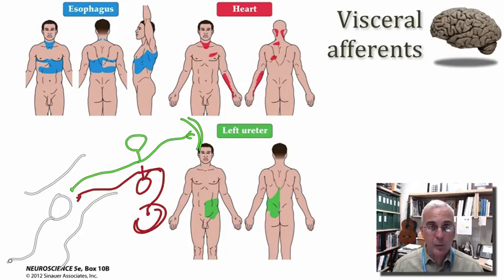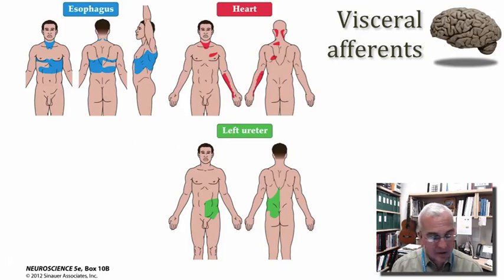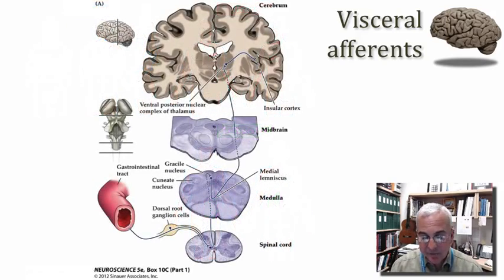So this dorsal horn crosstalk hypothesis provides a reasonable framework for explaining these referred pain patterns. Well, it has occurred to me, certainly, and others, that this newly discovered dorsal column visceral pain pathway provides yet an additional possible explanation of referred pain.